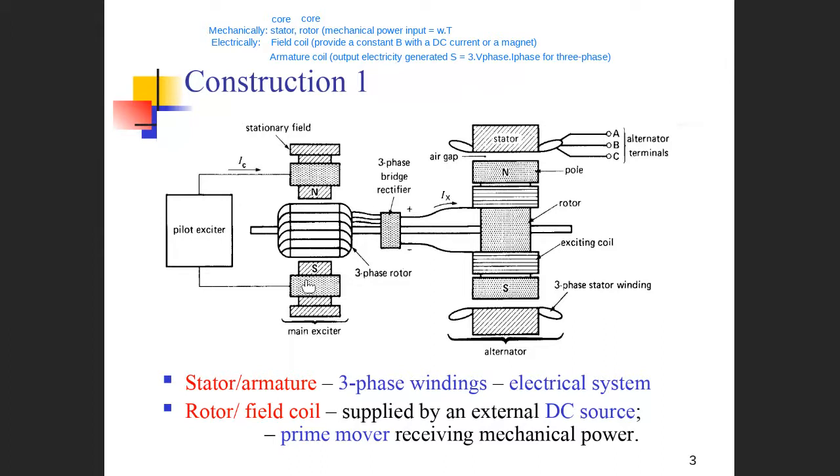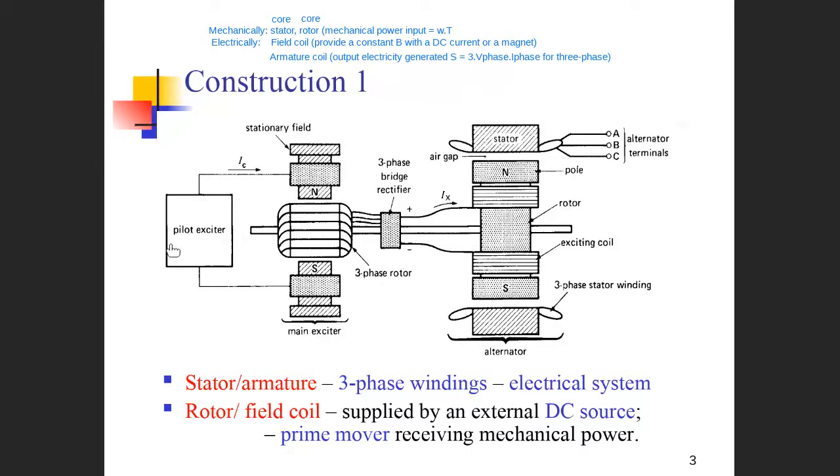There are two methods. One is using permanent magnets installed at the north and south poles to produce a constant magnetic field. Another way is using batteries and coils to produce a constant magnetic field between the north pole and the south pole.